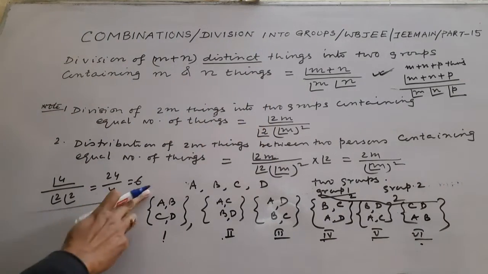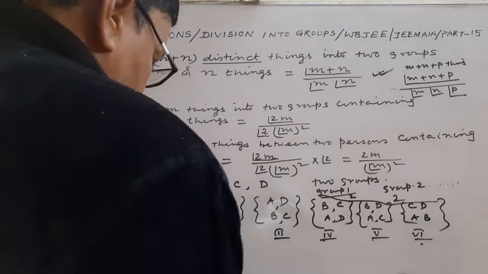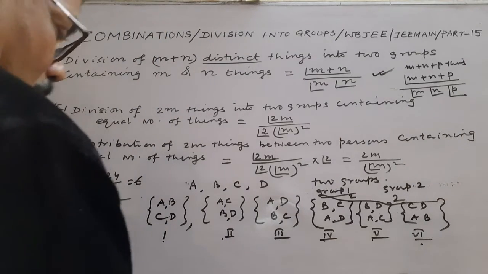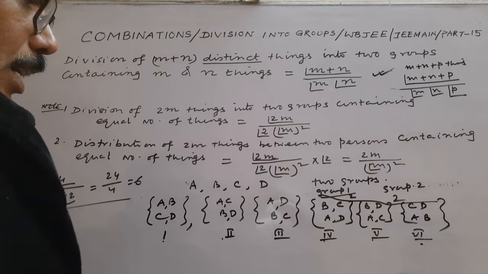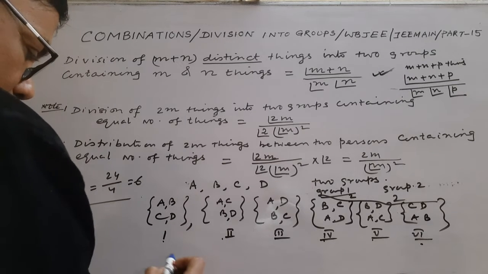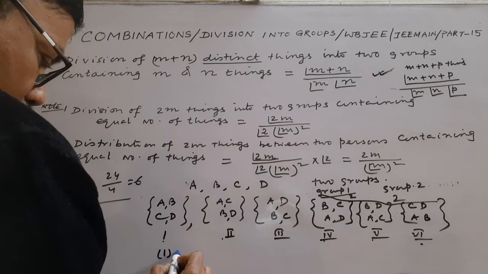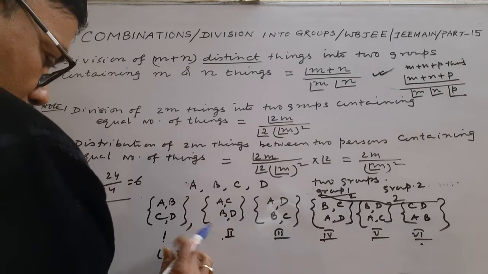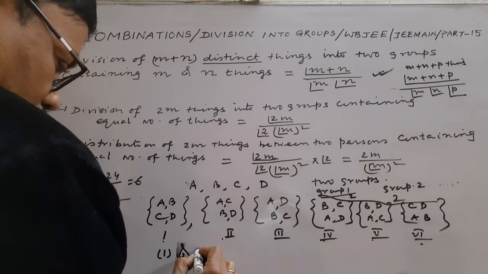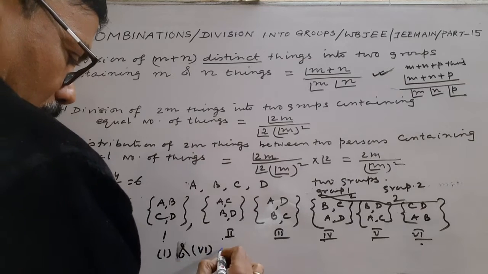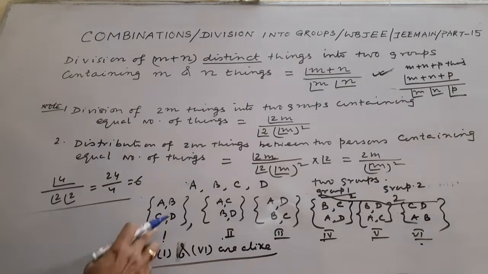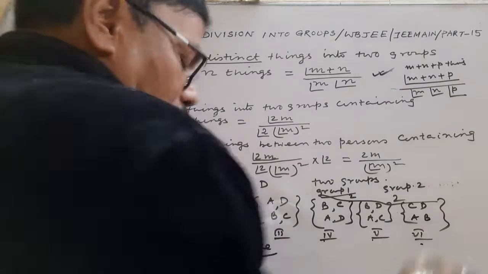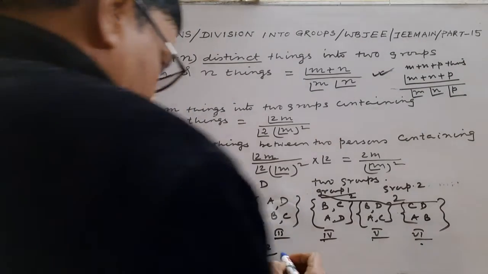But if you notice, group number 1, AB and CD, and group number 6 are alike.